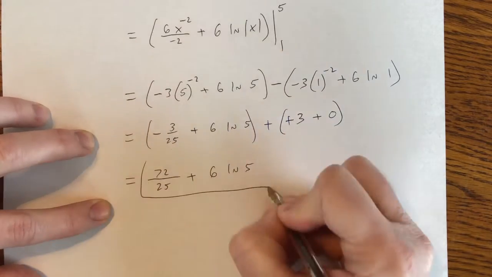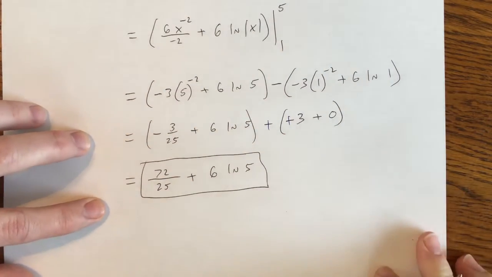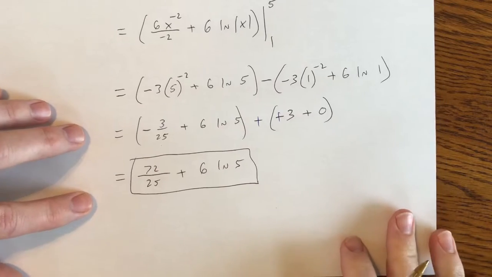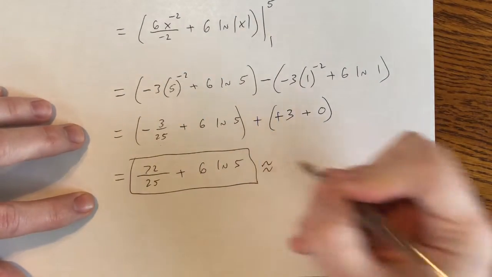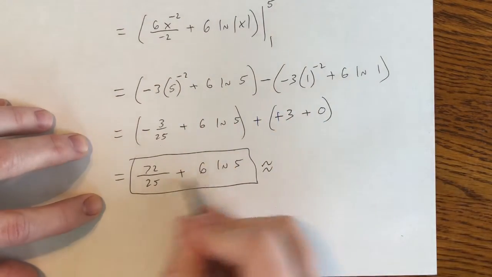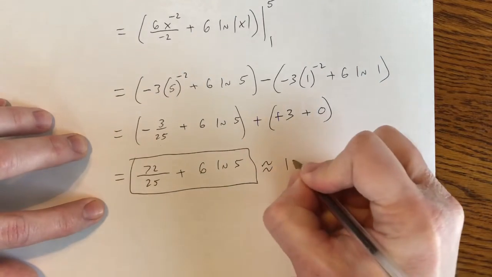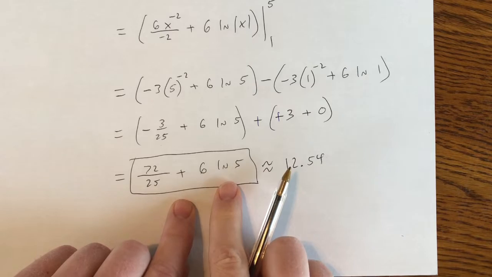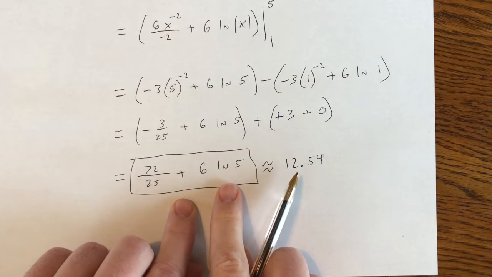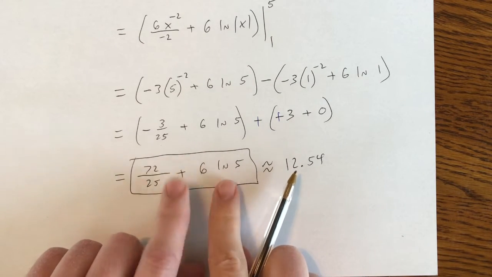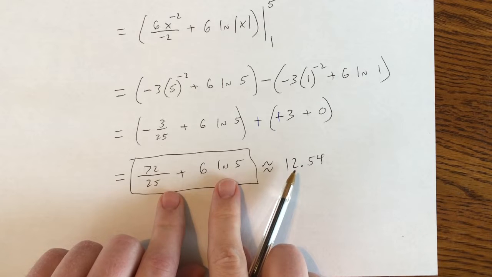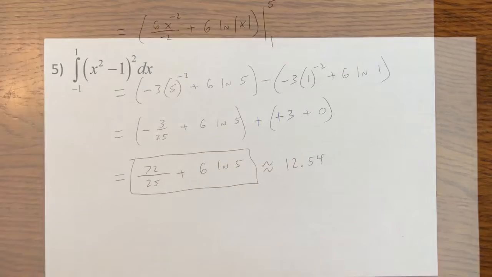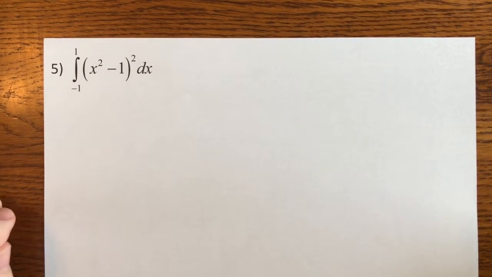This is the exact value, folks, of the value of this definite integral. Now, if you were asked to approximate it, then you could do so. Plug this in your calculator, and you get approximately 12.54. But understand, again, like I said in the previous example, leave it in exact value form unless the directions state otherwise.